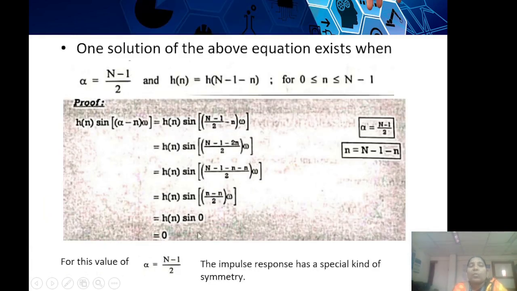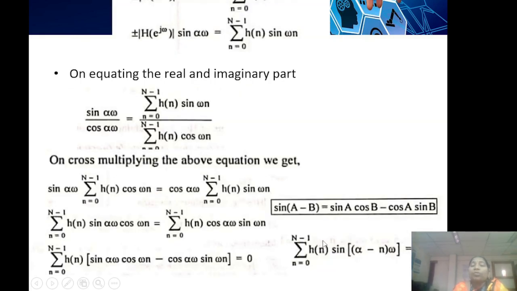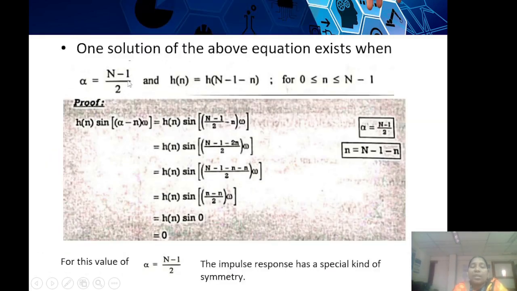Here a equals alpha, b equals n. So we have substituted and we are getting this particular equation. After that, the solution for this equation is alpha equals N minus 1 by 2, and h of n is h of capital N minus 1 minus n, for small n varying between 0 to N minus 1. So this is the solution we will be getting.